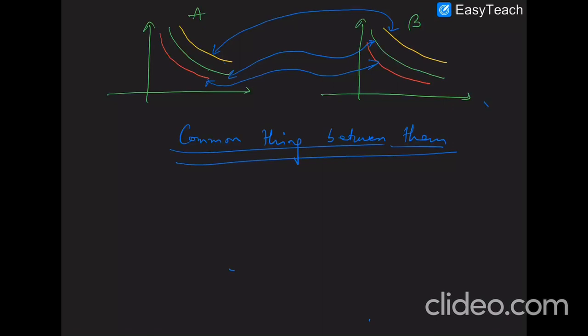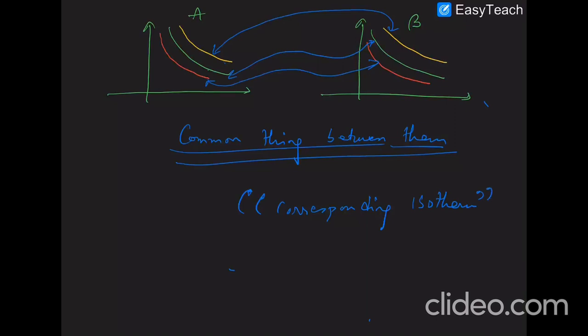The whole idea that I am trying to say is that the common thing between system A and system B, that guides us to the second part of the zeroth law, that is the transitive property, is the corresponding isotherm. It's more like we gave the answer first and then we asked the question, but we have to be very sure what the common thing is, that is the corresponding isotherm.